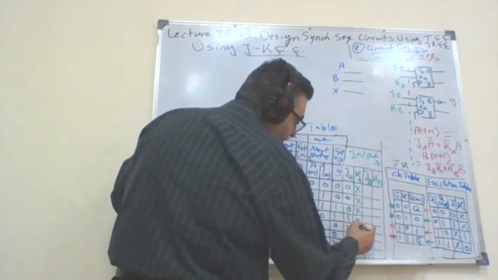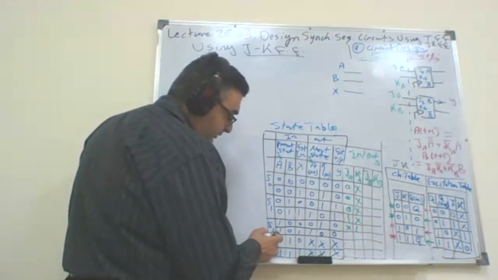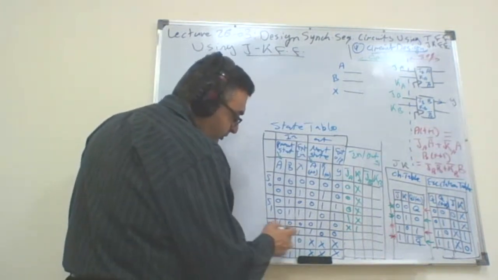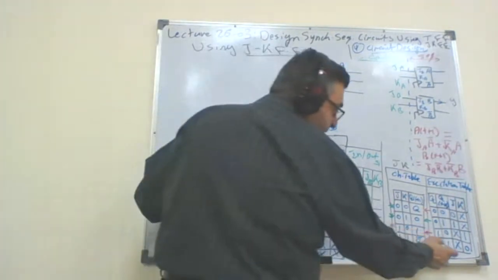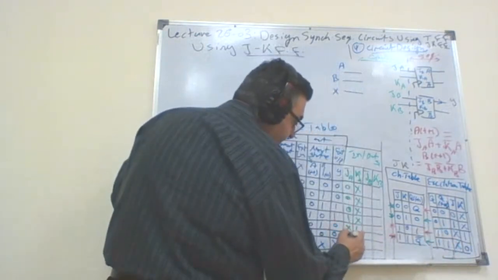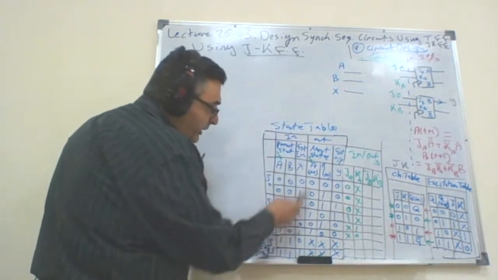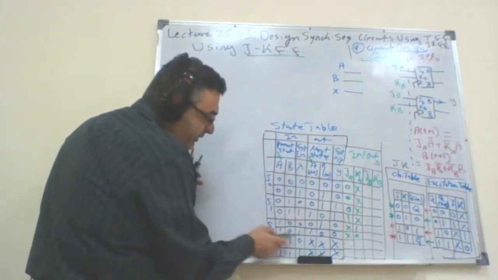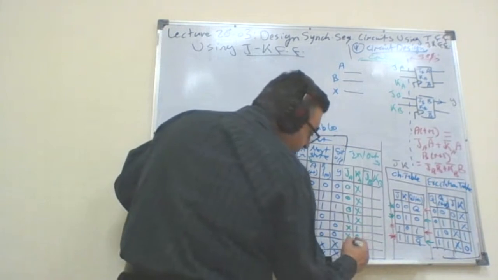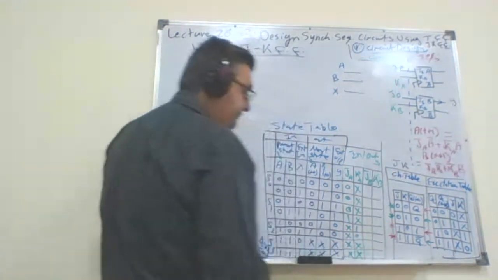X, 1. Next, 1 and 1. 1 and 1 from the table here means X and 0. X, 0. Last one here, A is a don't care. That means definitely both JA and KA should be don't cares.